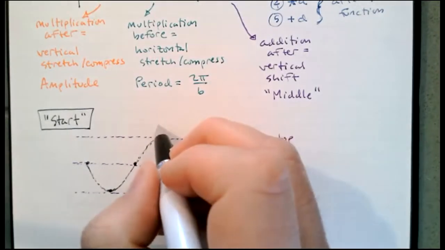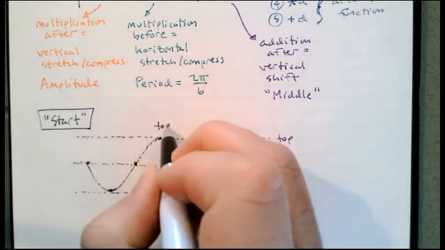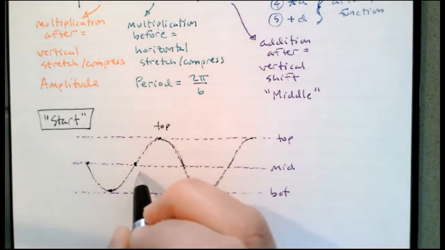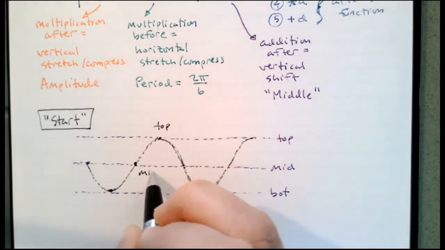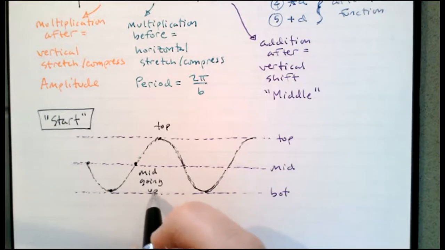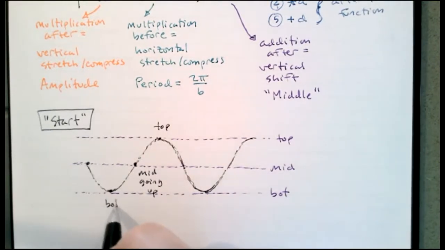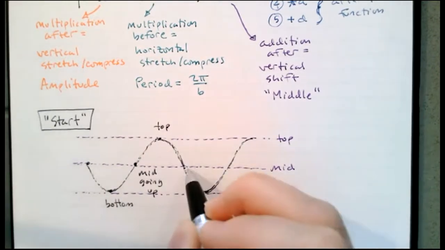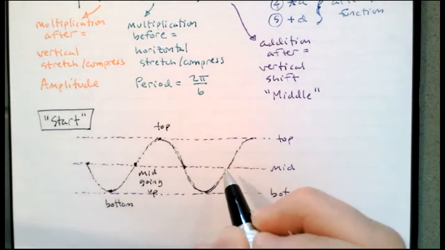So I say this is the top. I refer to this middle as the middle going up. I refer to this as the bottom. And I'll refer to this one as the mid going down.